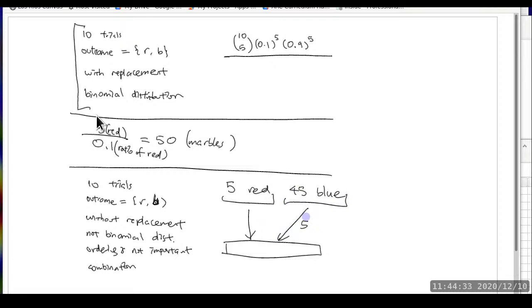Those are the number of ways we can pick these things. So there are 5 choose 5 ways to get the 5 red marbles. In other words, it only has a count of 1, which is fine, not a problem. And then we have 45 choose 5 ways to get the blue marbles into the final collection.